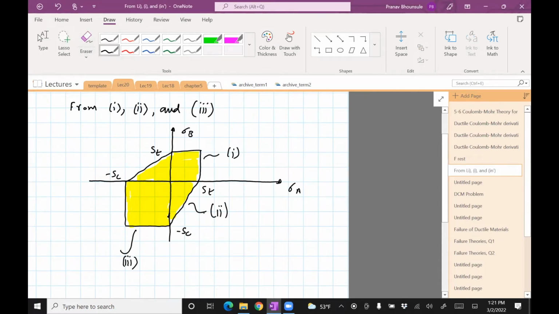This is the safe region. As long as your stress is in that region, you're considered safe.